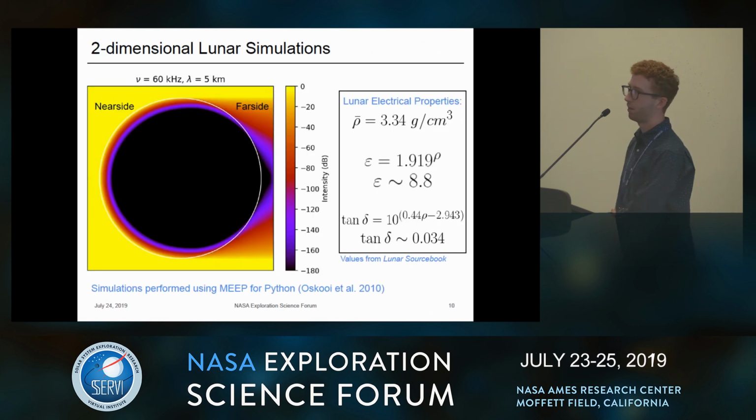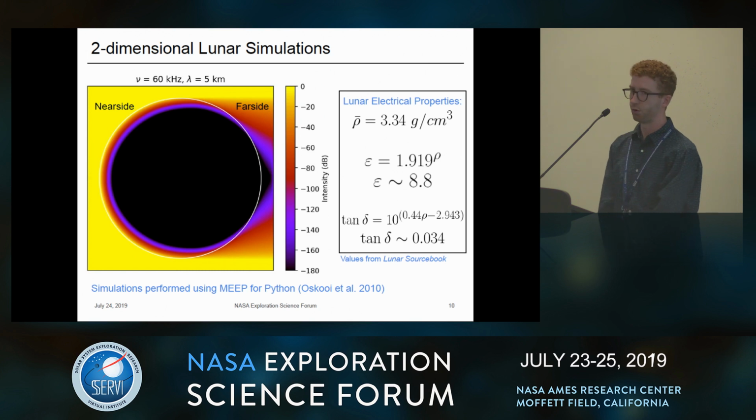And so I applied this simulation technique to the case of the moon and RFI. So this is a 2D simulation that I did, and you can see that on the left is the RFI coming from the Earth, and then on the right is the far side of the moon, and you can see just by eye that the radio waves are heavily attenuated behind the far side.